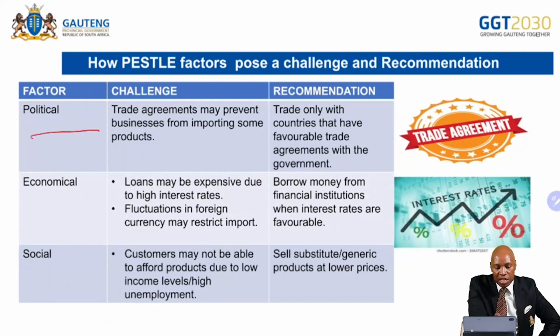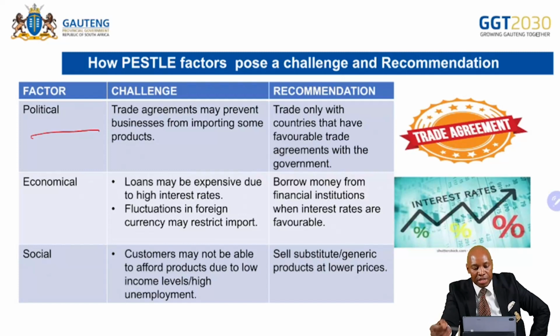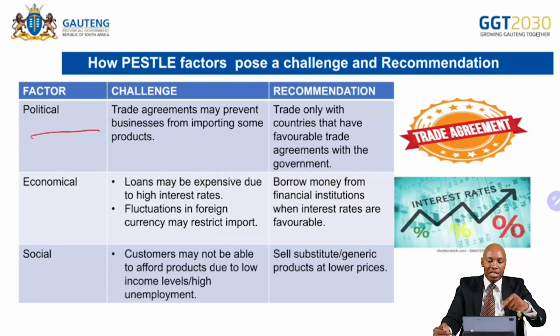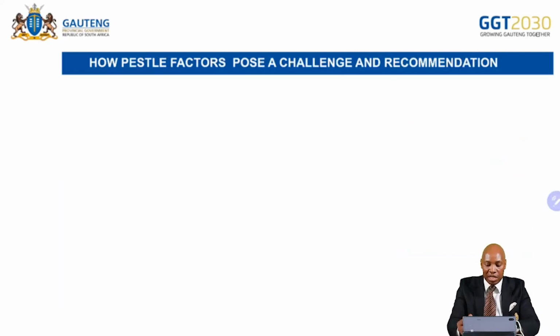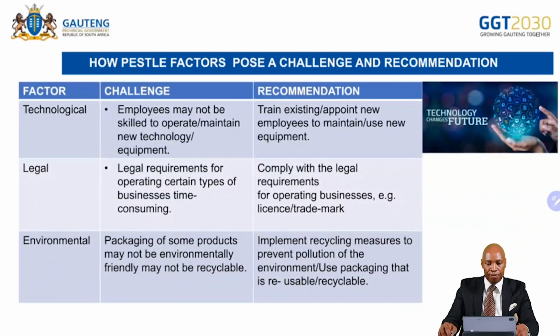How does it pose a challenge? Here we're looking at trade agreements may prevent business from importing some products. Now, what is the challenge here is your trade agreements. What is it that they are doing?